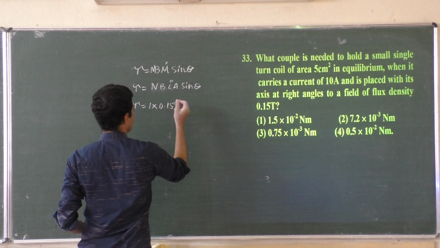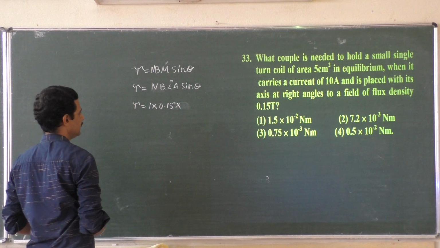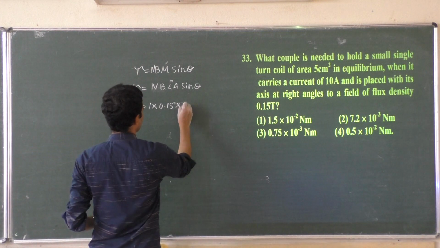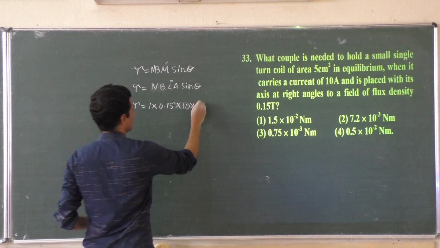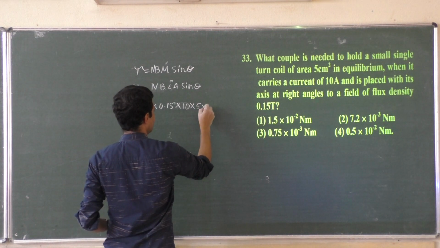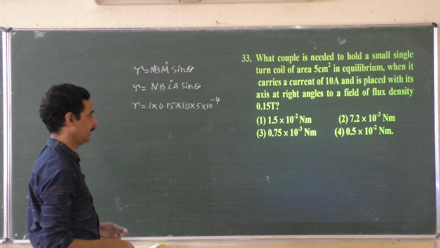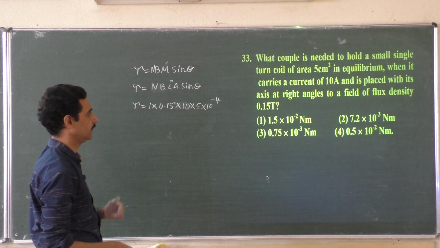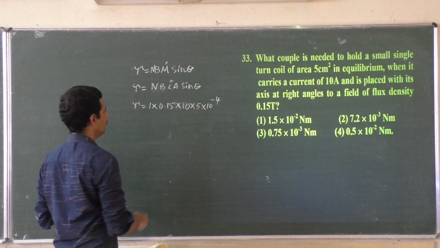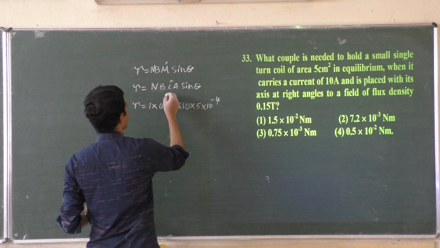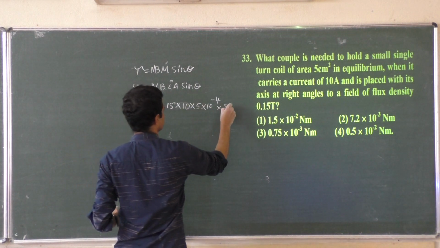B is over, I is carrying a current of 10 ampere. Area is 5 centimeters square, which has to be converted: 5 into 10 to the power minus 2 whole square. IA sin 90.